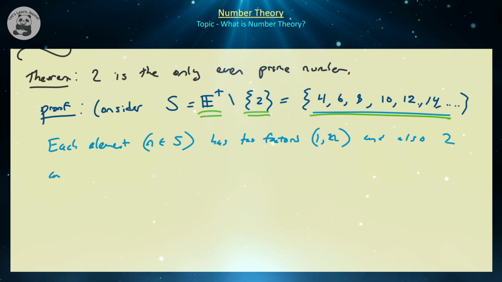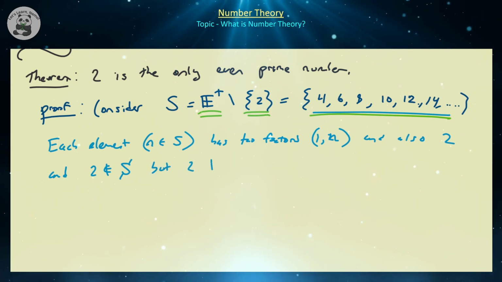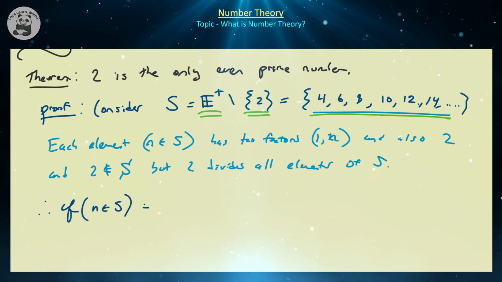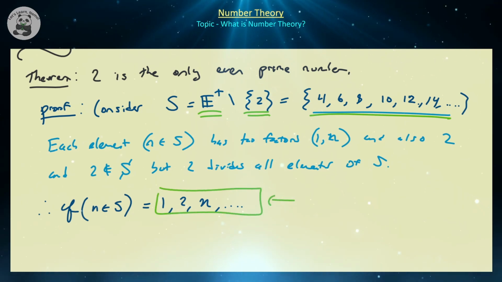And also notice that 2 does not belong to the set S, right? But 2 divides all elements of S, right? So that means the factors of some arbitrary element n in S are 1, 2, the number itself, and potentially some others. But notice that this list is strictly more than 2.